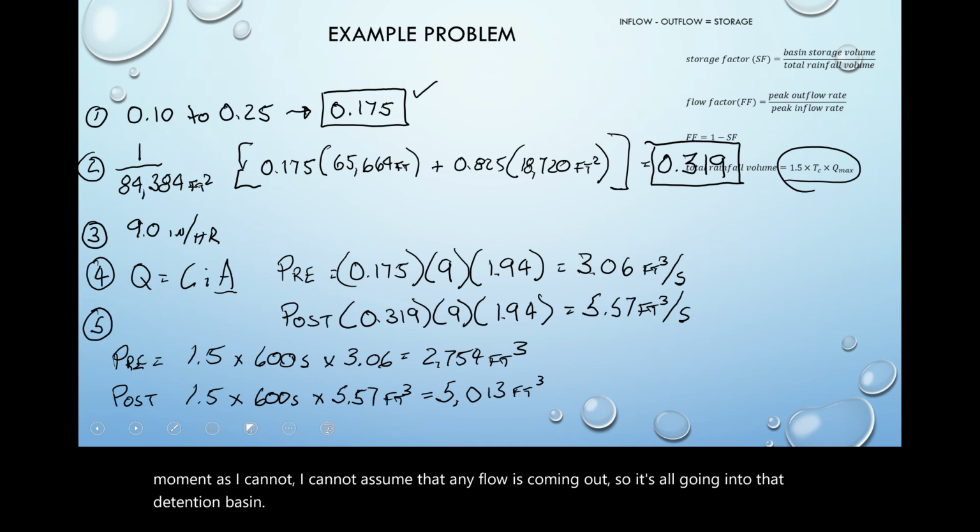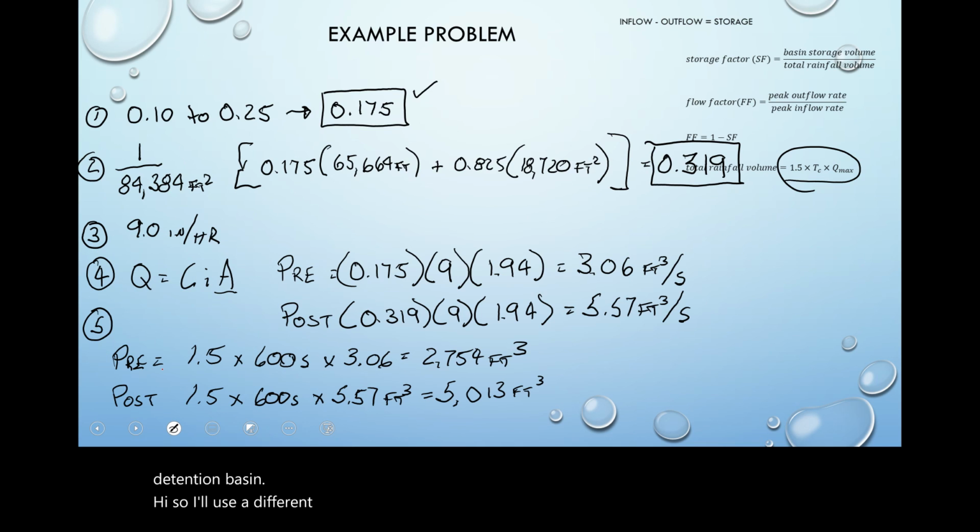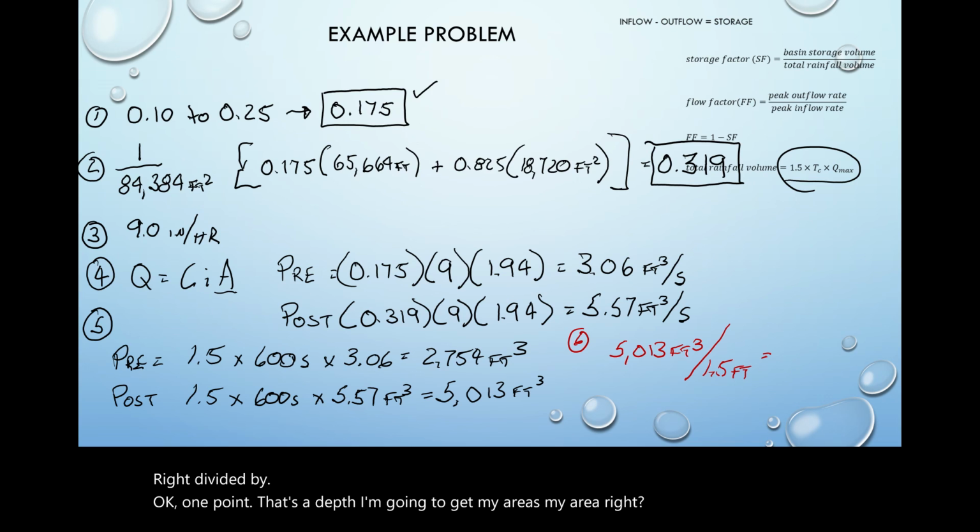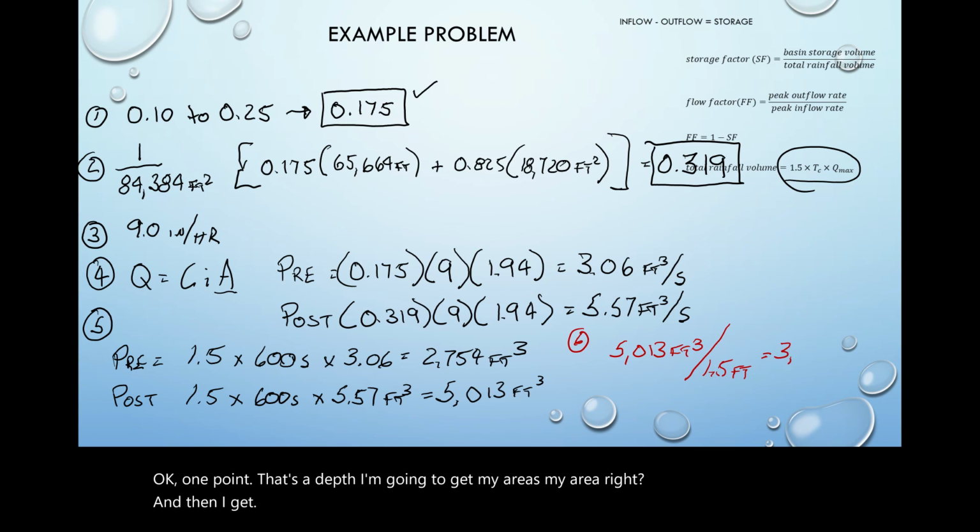Okay, so I'll use a different color here. So this is problem 6. If I have 5,013 cubic feet, divided by the depth, 1.5 feet, I'm going to get my area, and I get 3,342 square feet.